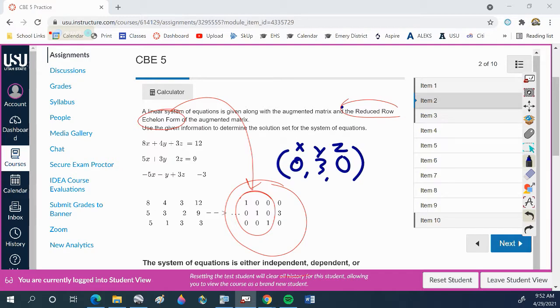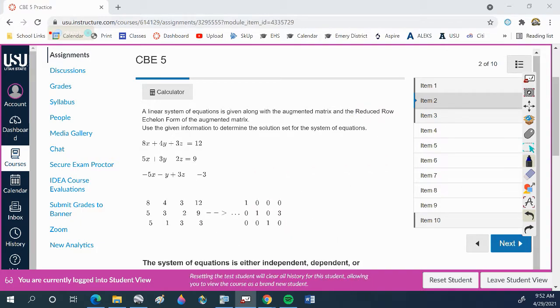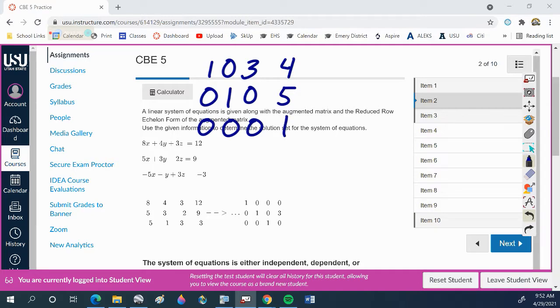It's actually like a triordinate, right? X, Y, Z. So here's what it could look like. Could look like 1, 0, 3, 4, 0, 1, 0, 5, 0, 0, 0, 1.